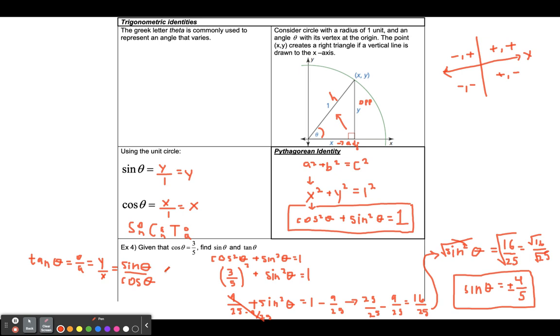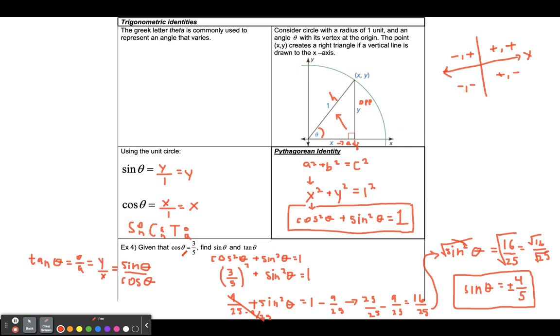Now, the nice thing is, I know what sine theta is. I already solved for it. I also know what cosine theta is. It was given to me. So I can go ahead and actually plug in those values and then solve for them, right?